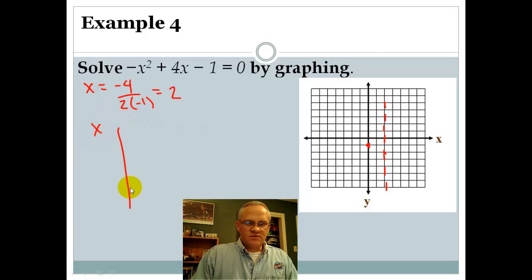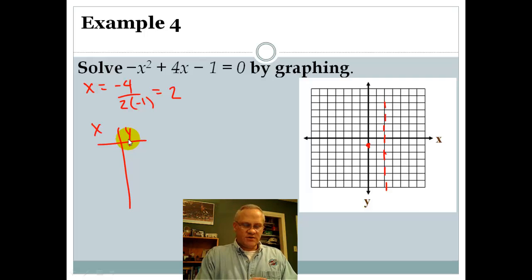And then let's find our points here, our x and y table. So I'm going to go ahead and type in a negative x squared plus 4x minus 1. Second function table.